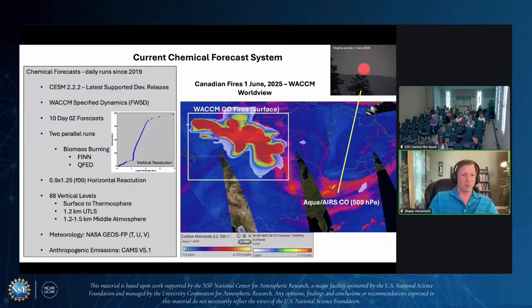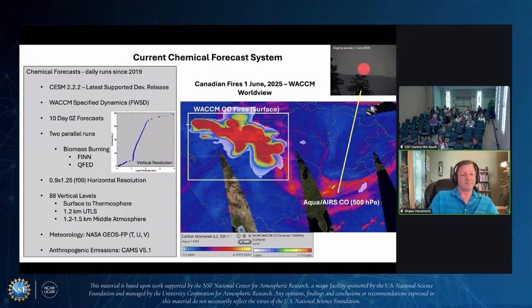These both run on a 1 degree horizontal grid, the Eulerian finite volume grid, at 88 vertical levels, and there's just a little depiction there of the vertical resolution that hopefully you can see.